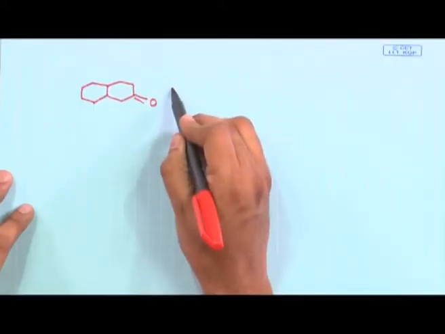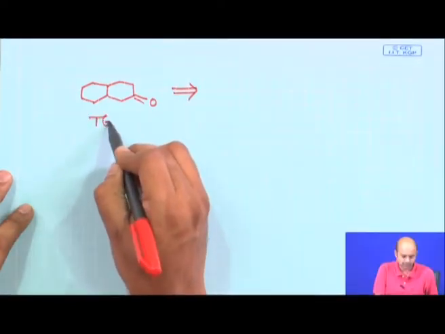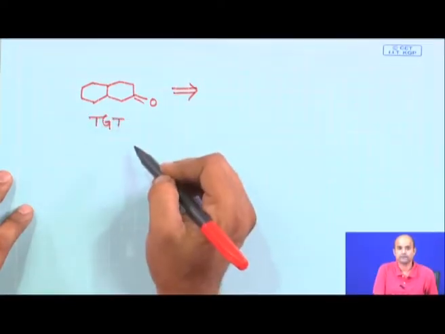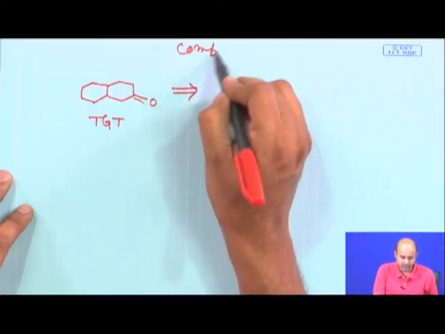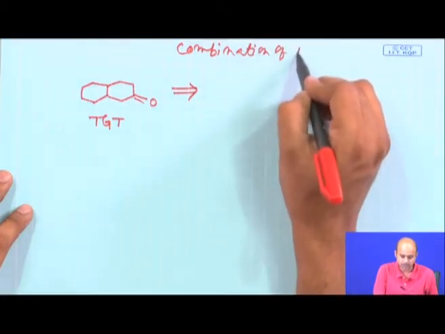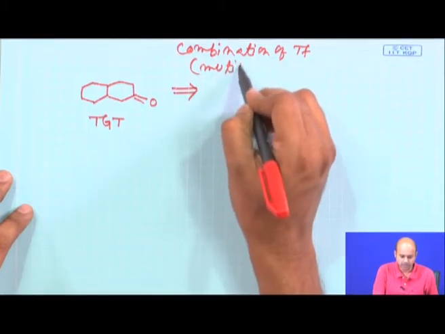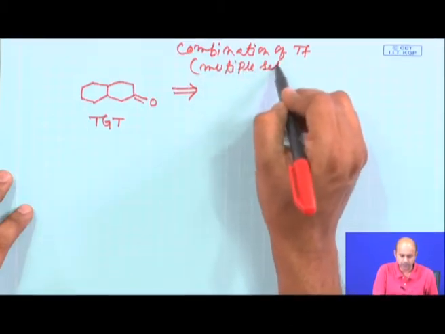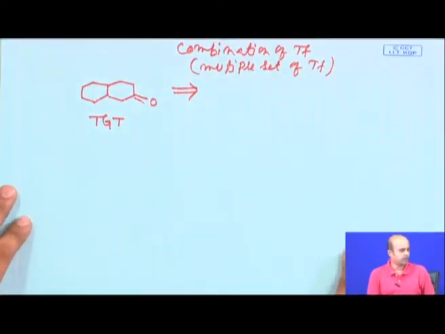We said we will be synthesizing this target molecule, a bicyclic ketone, and we said sometimes you need a combination of transformations, or multiple sets of transformations, which is operative to access a target molecule.